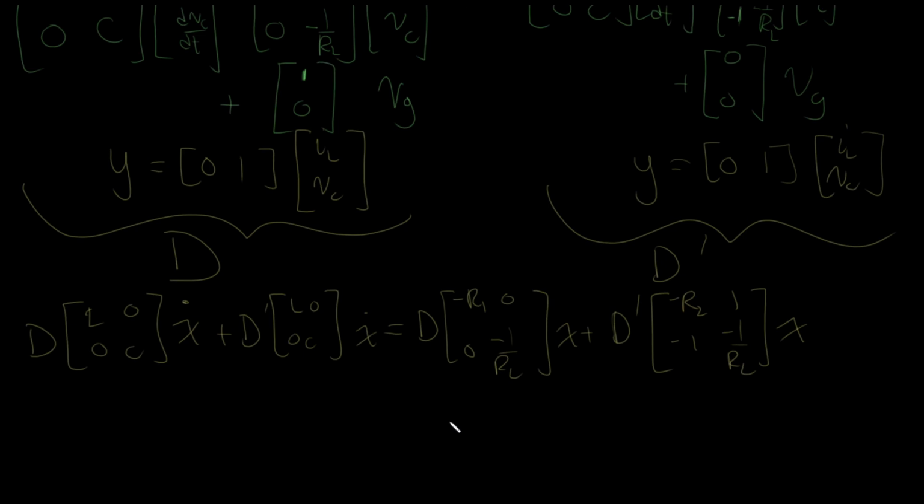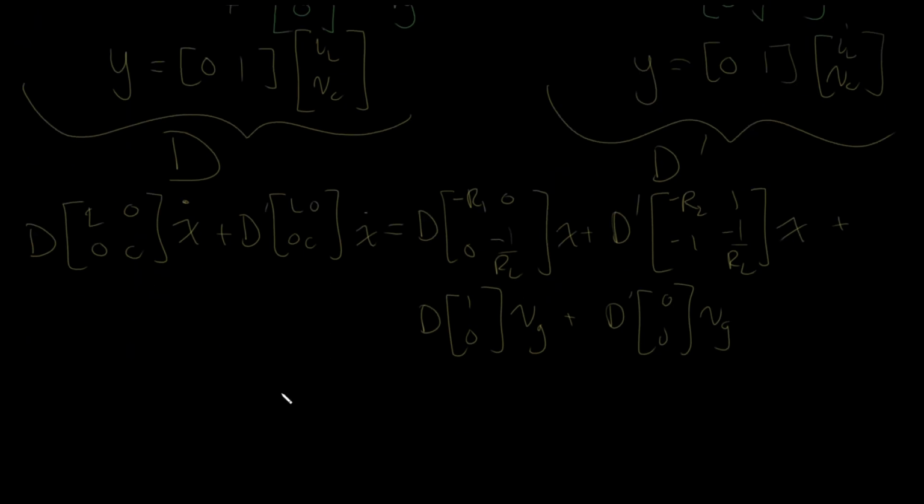And then the exogenous stuff, right? So we have d times 1, 0 VG plus d prime 0, 0 VG, right? And then we can do the same thing for y. In the end, what we get for y is going to be equal to 0, 1 times x.